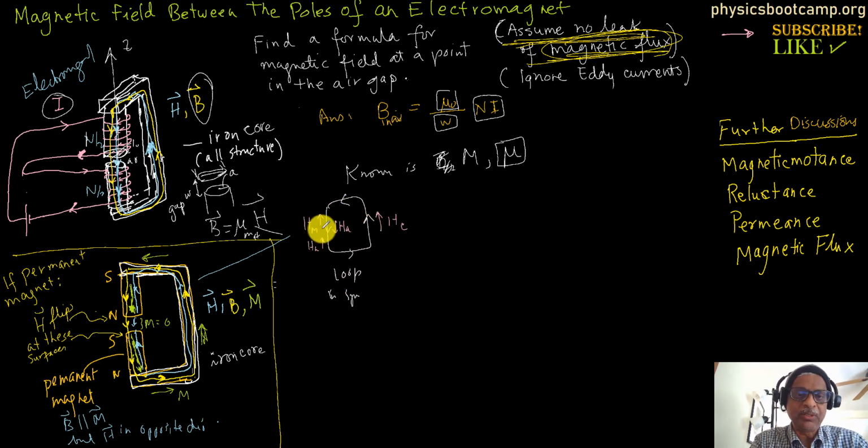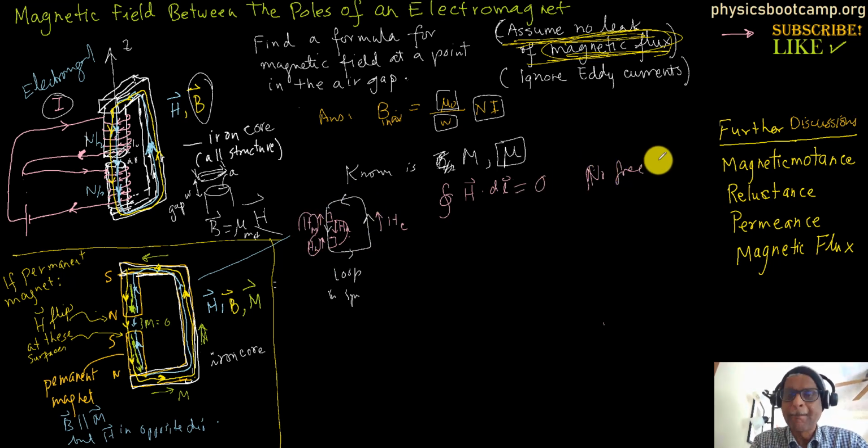So in the core, in the air, if I go around here, it's like that. So if I do the integral of H dot dl, these two H_Ms, they're length L here and L here, these two added up, well, there's no free current, so this is 0.